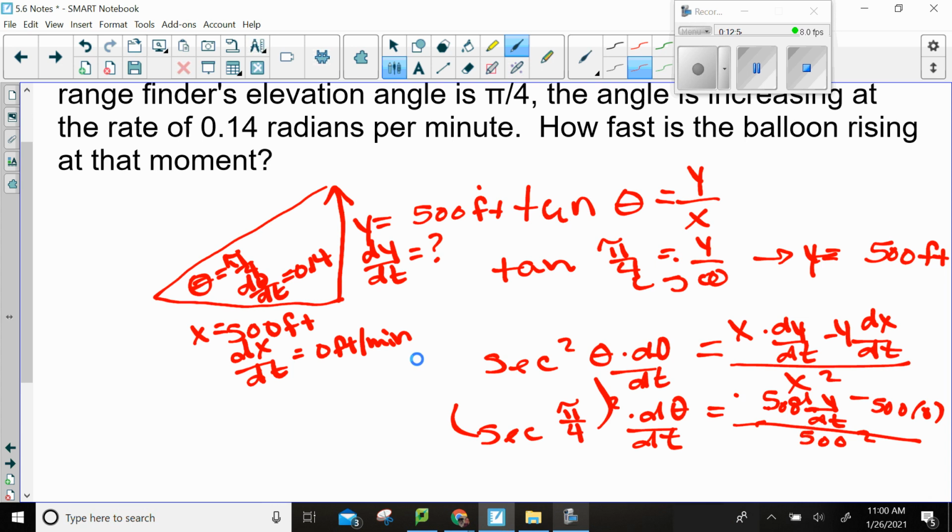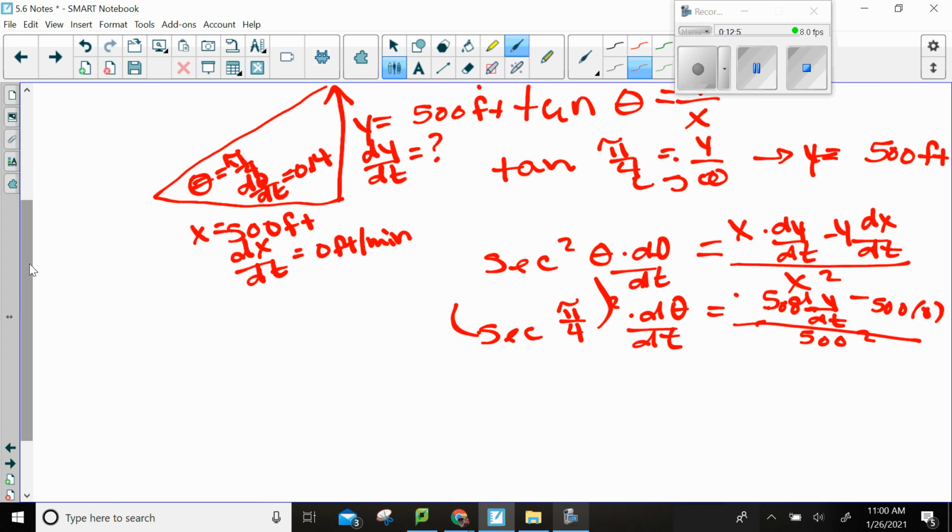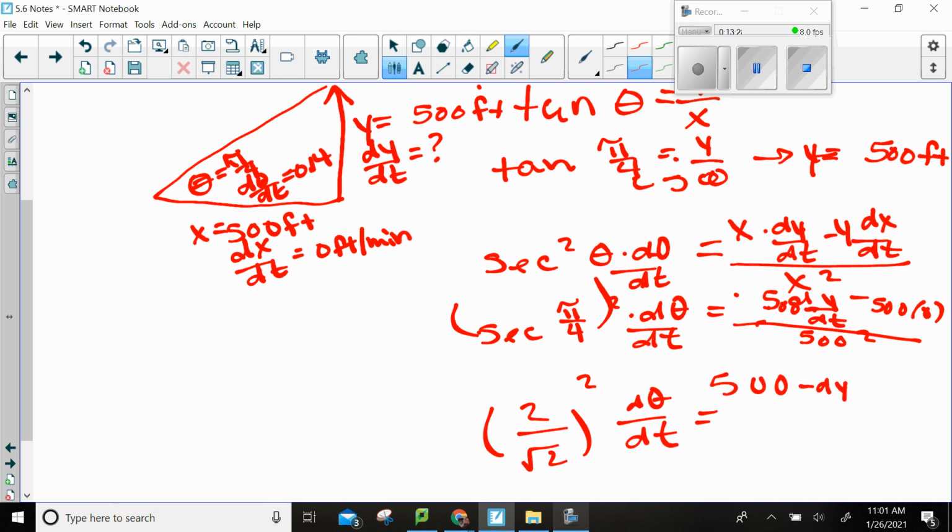Secant of pi over 4 is 2 over square root of 2, squared. So I have 500 times dy/dt, minus 500 times 0, all over 2,500.